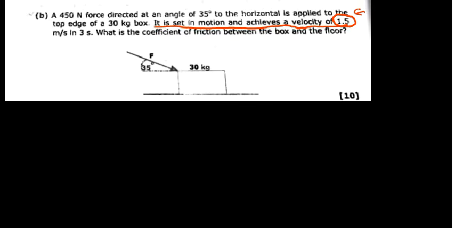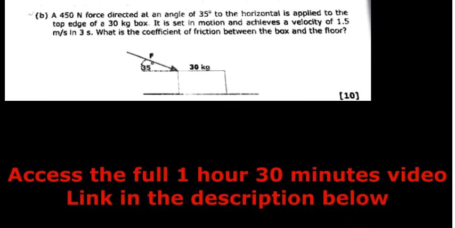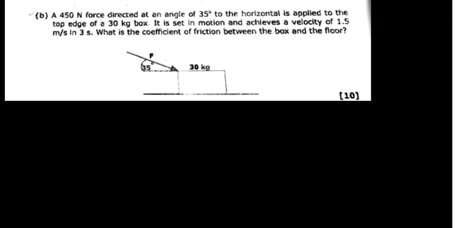Since we have not been given the initial velocity, we can assume it is 0. So they want us to find the coefficient of friction. The previous question was similar, but it's a bit different here.